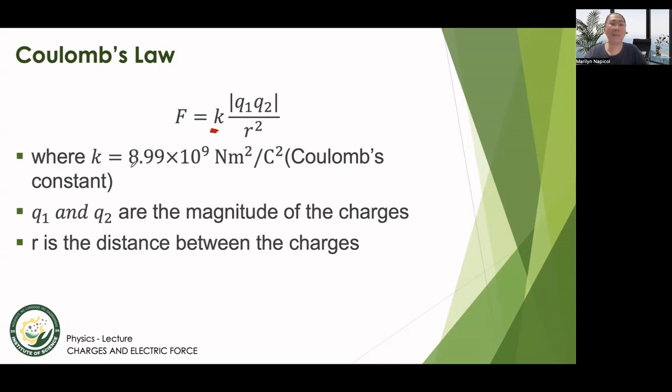Okay, so that is 8.99 times 10 raised to the 9th newton square meter per coulomb squared. Okay, so tandaan nyo 'to kasi sa mga calculations natin sa electric force, parati po yung kasama. Sometimes you can also round off 8.99 to simply 9. Okay, that's totally fine.